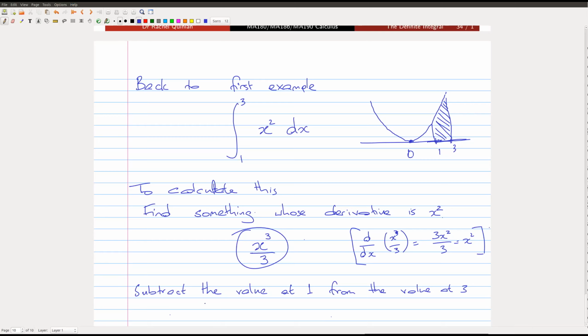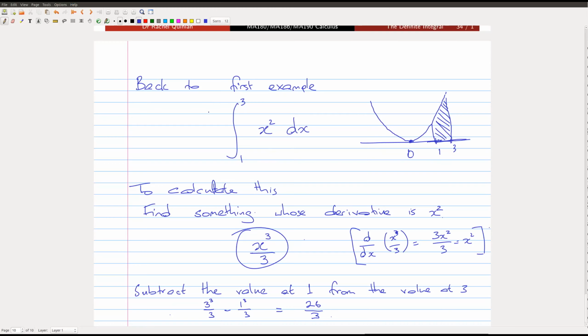If we do that, we get 3 cubed over 3 minus 1 cubed over 3. So that's 27 over 3 minus 1 over 3, so it's 26 over 3. And the claim is that the area of that region that's shaded in blue is 26 over 3.